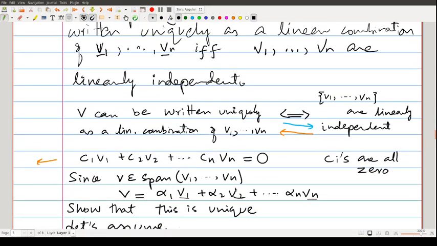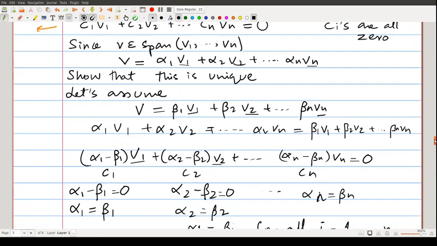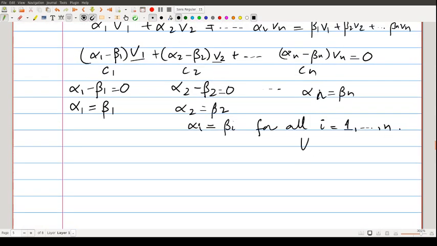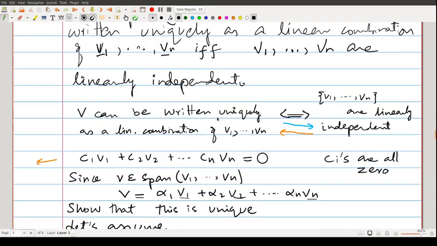So how did we do this proof? We assumed linear independence, took two different representations, and showed that they must be the same. That proves the alpha i's are unique, and that's the proof for the theorem in this direction.